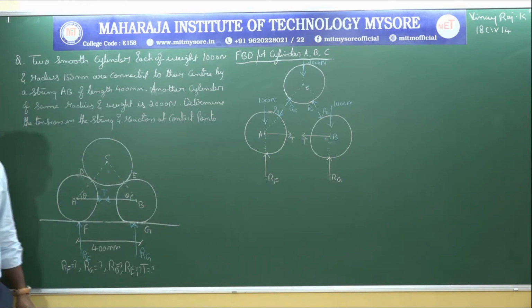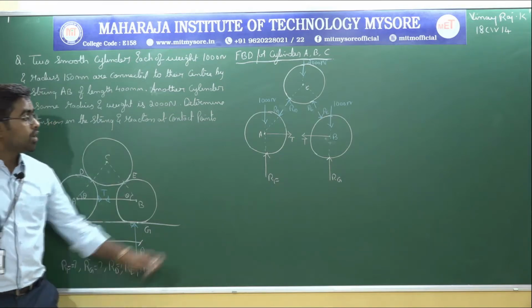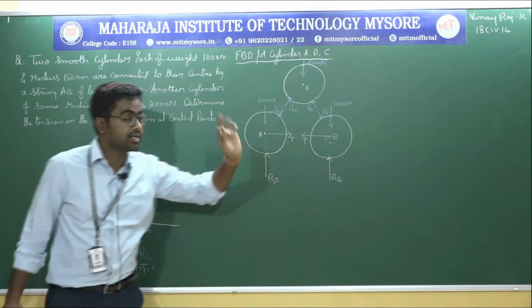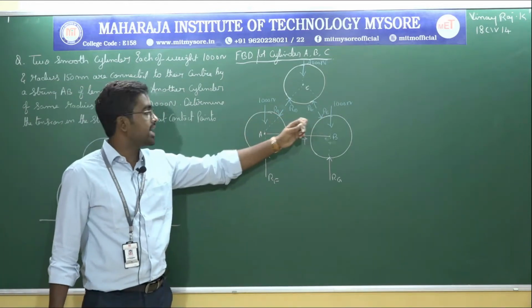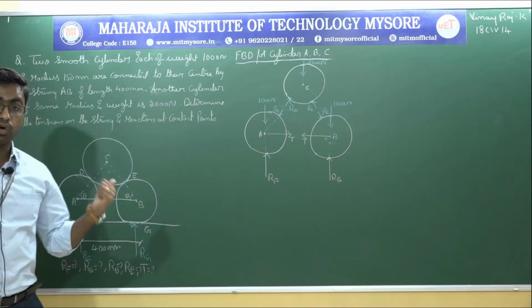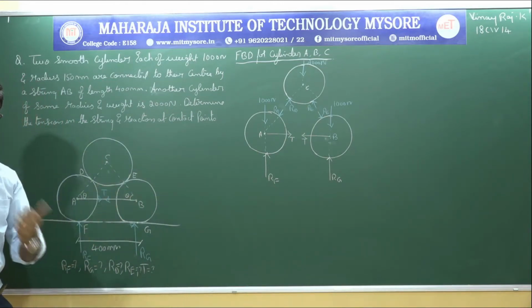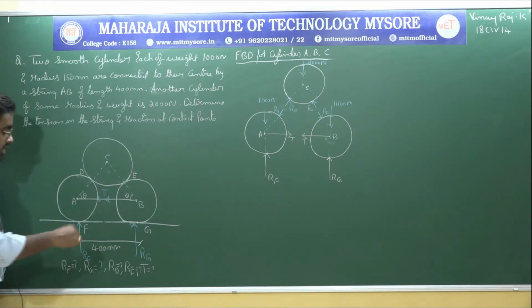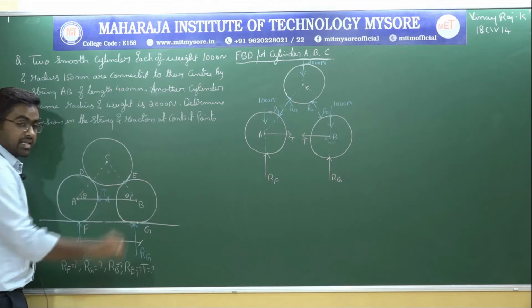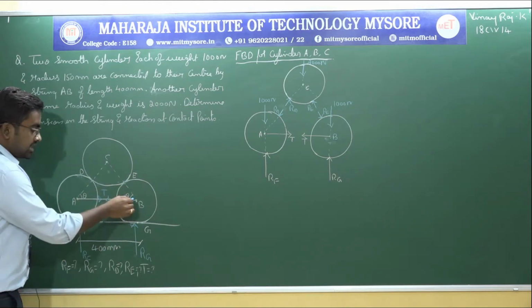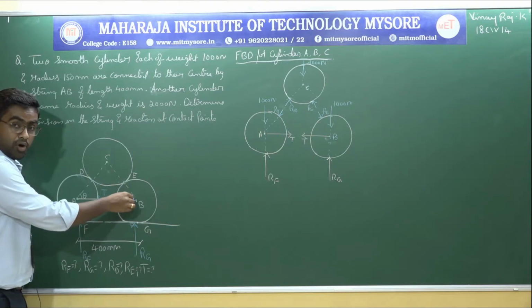Next I need to calculate what will be the angle for these inclined reactions, and that is one is RD and another one is RE. So let me calculate the angle for those 2 reactions with respect to horizontal by using this figure. See, radius of all 3 cylinders is 150 mm, and these are the theta which is mentioned in the problem.